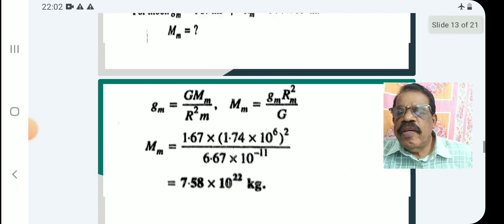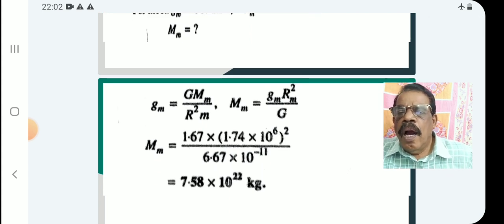So for moon we write the relation g is G Mm by Rm square.